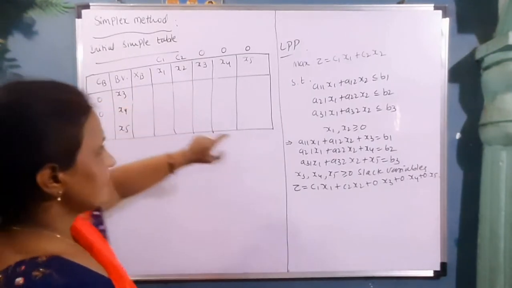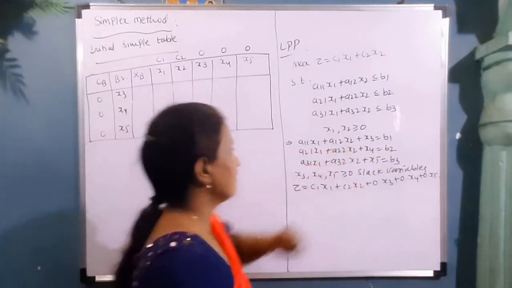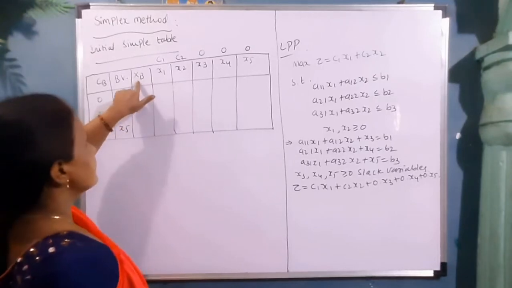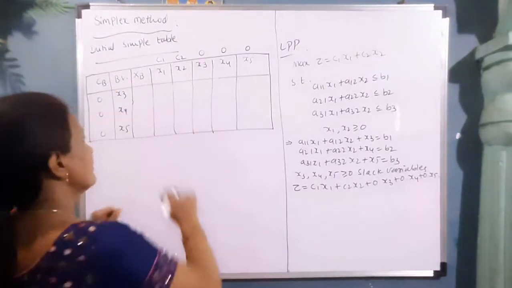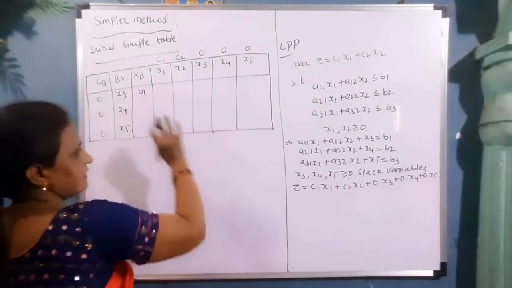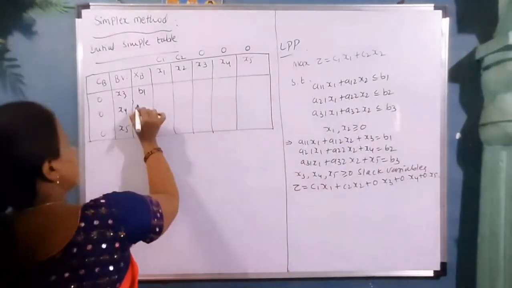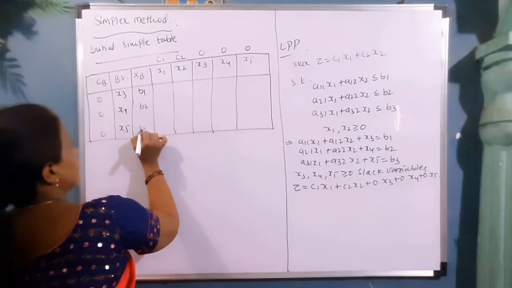When x1, x2 are 0, x3 will be b1. XB is the basic solution, which is always the right hand side of the equations: b1, b2, b3.